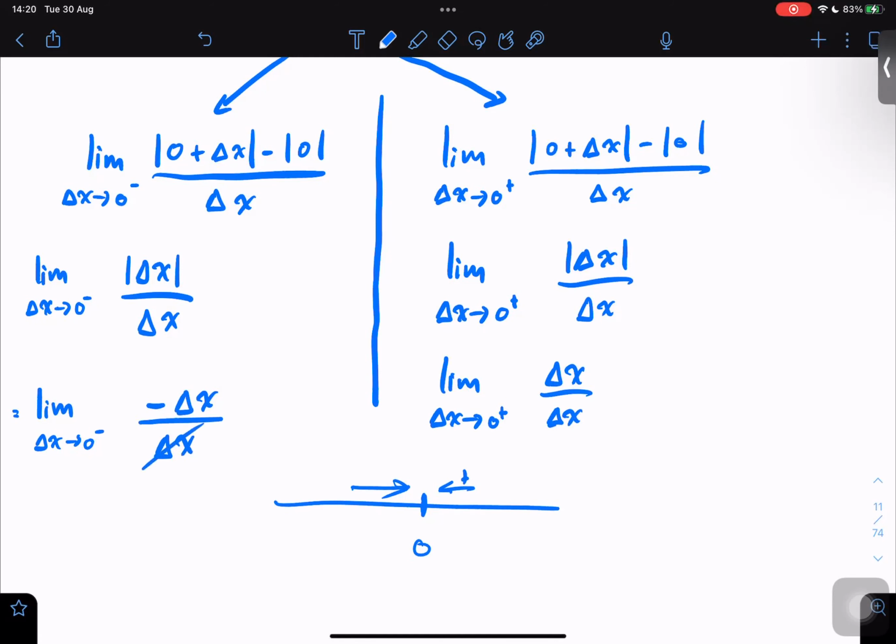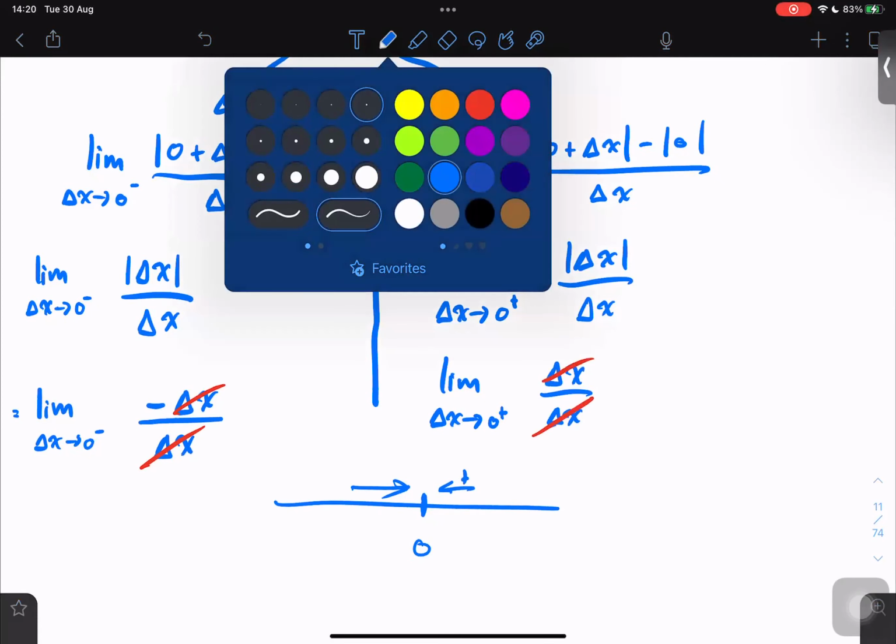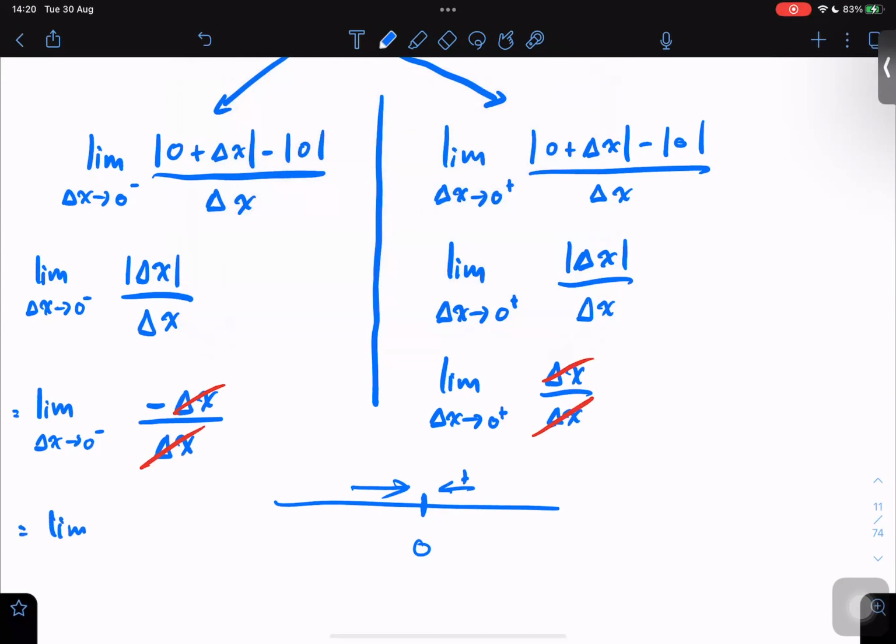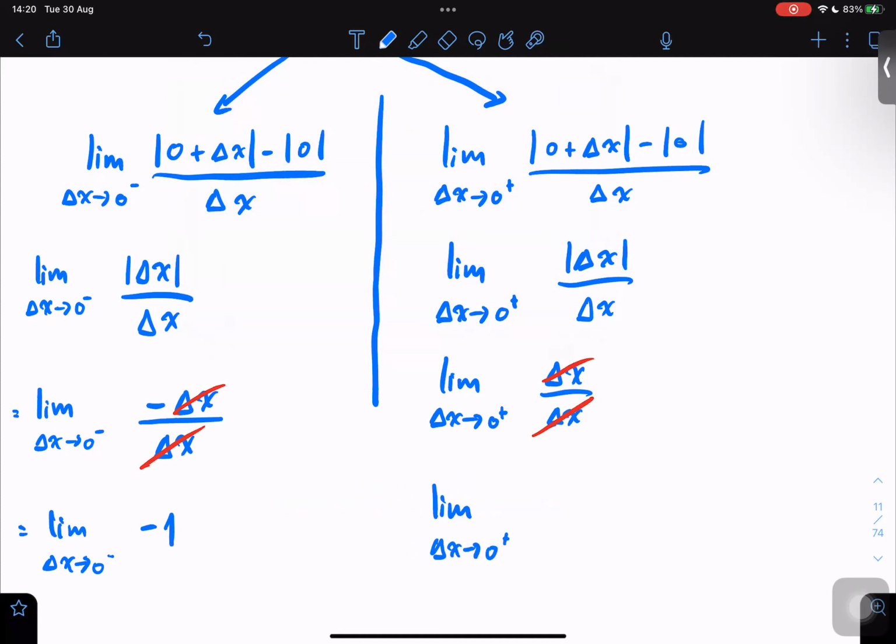And this can cancel, and you get the limit of delta x approaching 0 from the left of -1, and the limit of delta x approaching 0 from the right of 1. This one is equal to -1, and this one is equal to 1, right?